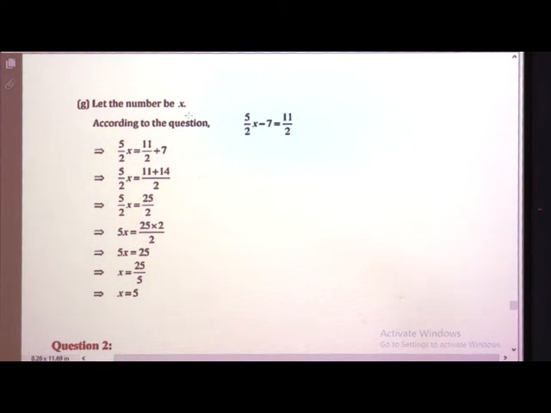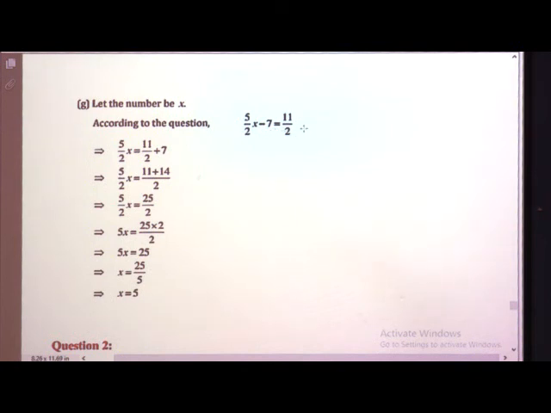Let the number be x. You can repeat x every time, no problem. If you do not want to repeat, you can write other alphabets. According to the question, the equation we formed is 5 upon 2 x minus 7 is equal to 11 upon 2.